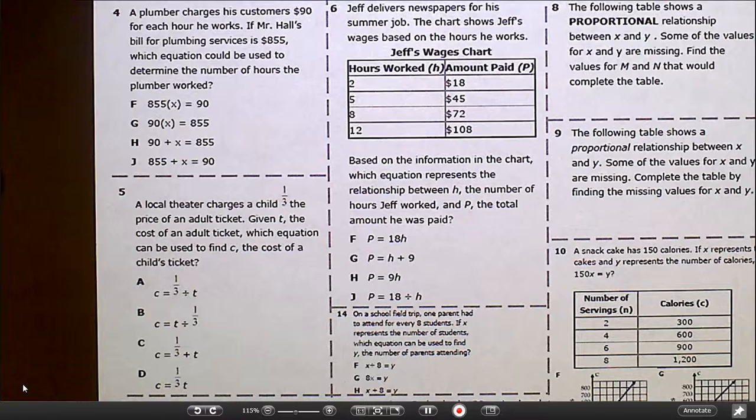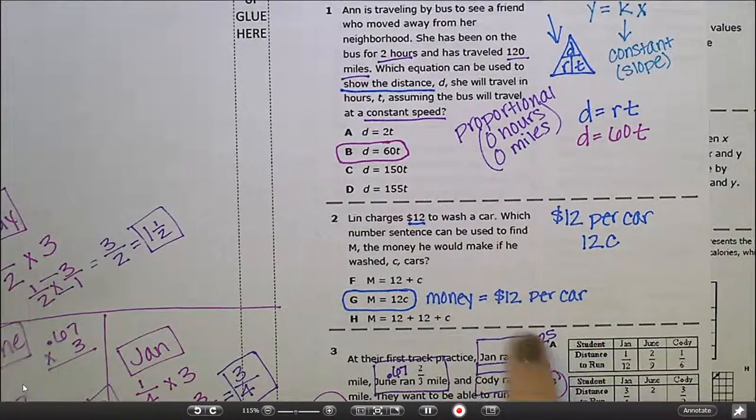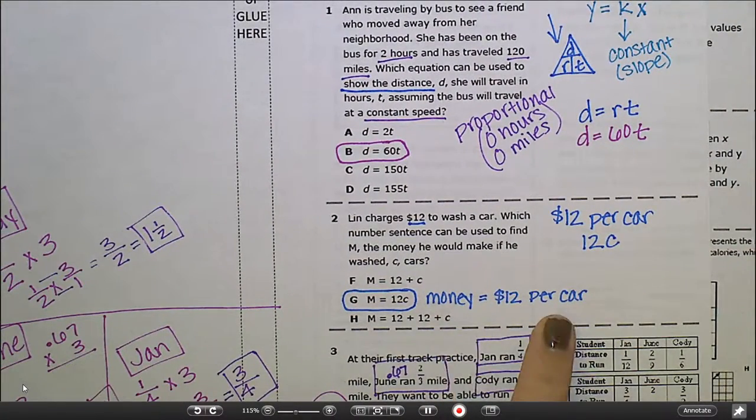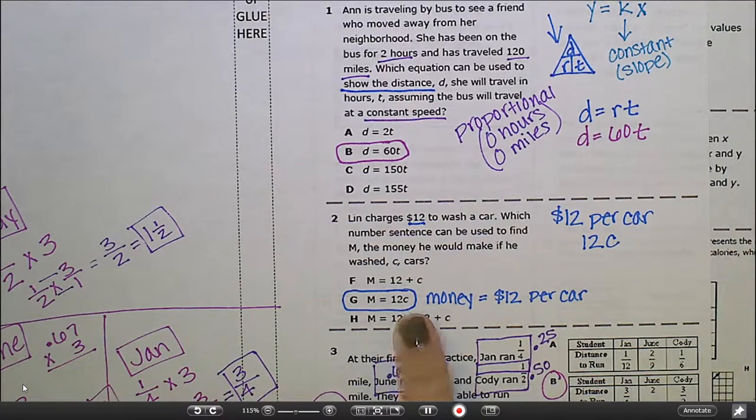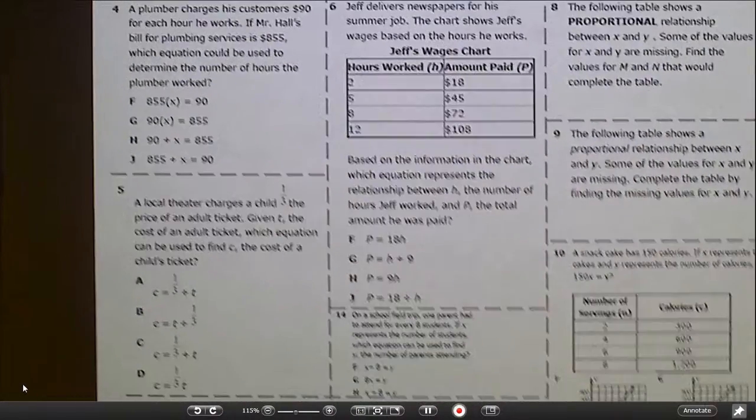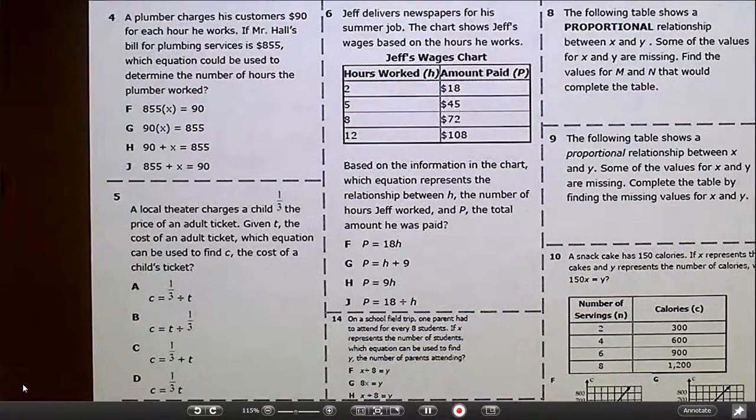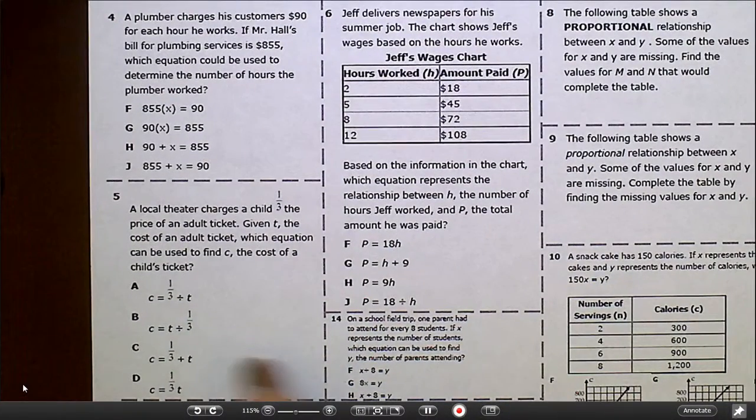This is a great opportunity to apply math to real life, or make-believe life in this case. Remember that just like we did on number 2, I need you to prove to me why the answer you chose works. So put it into words somehow. Here it was money equals $12 per car, so 12C. However you want to do that, whatever works for you, as long as you can prove that to me for numbers 4, 5, and 14.